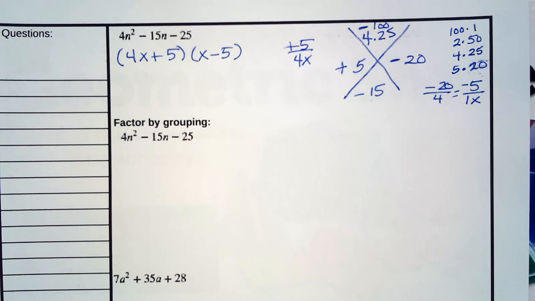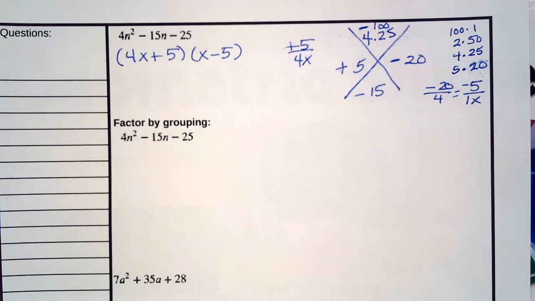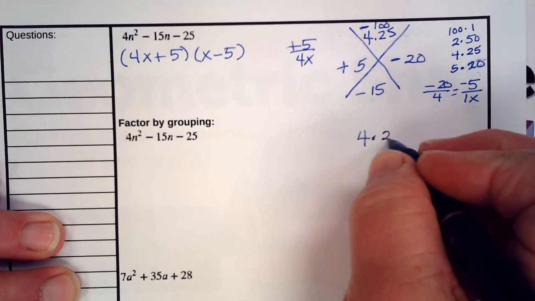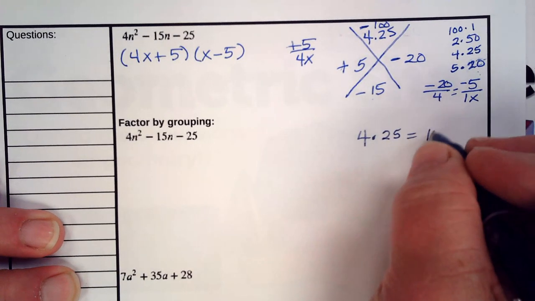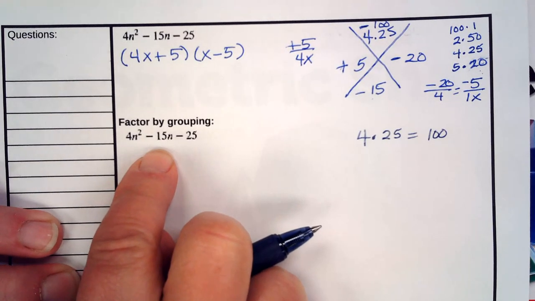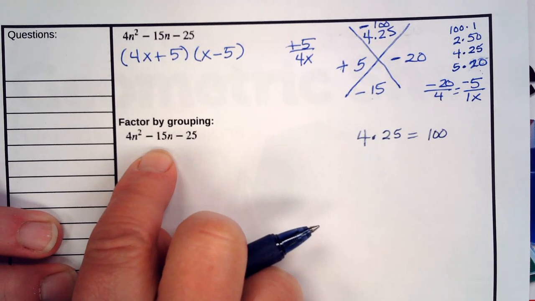Factoring by grouping, you're using the same thought process. Once again, we are using the same thought process. I'm taking 4 times 25, and I get 100. Then I need to look for those factors that differ by 15.